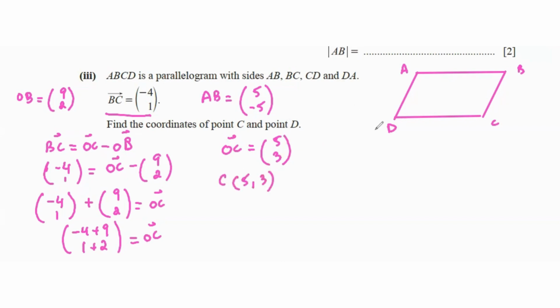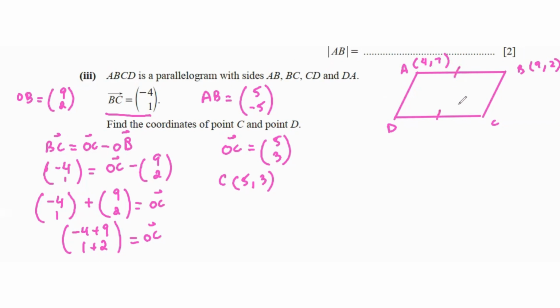Now to figure out the coordinates of point D, A was given as 4, 7 and B is 9, 2. So your distance of AB is going to be the same as the distance of DC. Why?